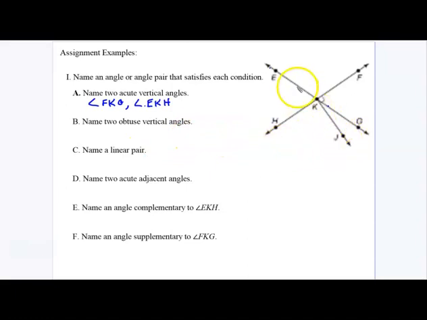And so I notice up here that we have an obtuse angle, EKF, and that is vertical with the other angle that opens opposite it, which would be right here. So we could say EKF and HKG.